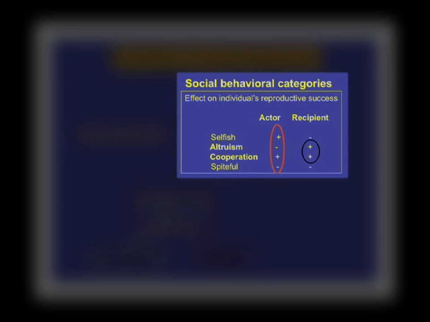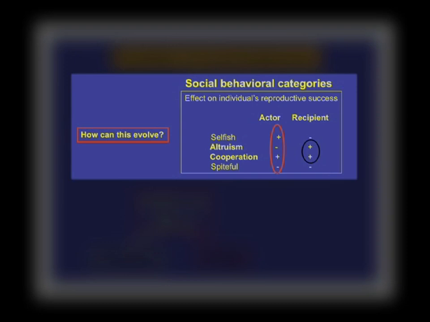And generally, it is considered from the cost or the benefit it gives to the actor. So from this perspective, it's easy to understand why individuals would be selfish or cooperative, whereas it's a puzzle to understand the evolution of altruism and spiteful behavior, as already mentioned.